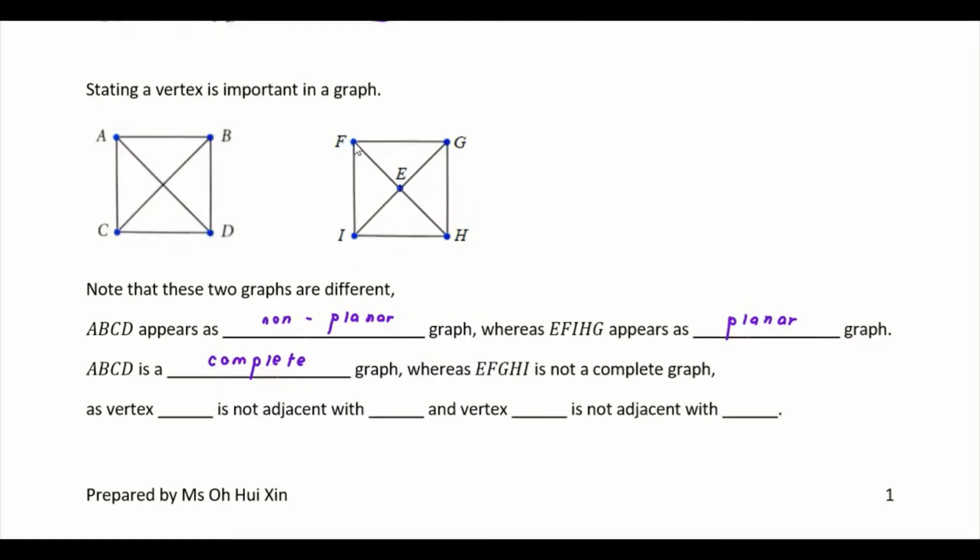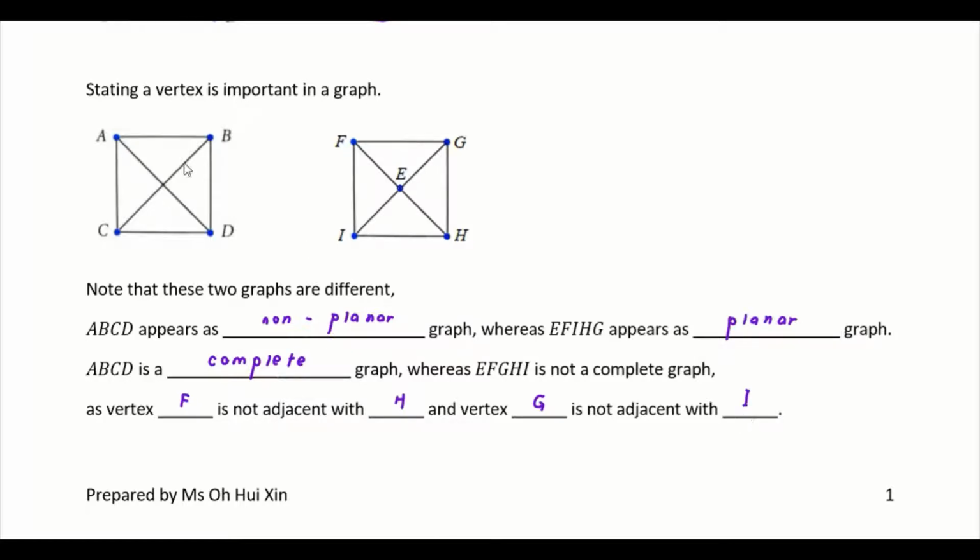Because you can see that vertex F is not adjacent to vertex H. Now, when you want to reach H from F, you must pass through E. So you cannot directly connect to H using only one edge, which means F and H are no longer adjacent to each other. The same thing goes for G and I, because G and I are not directly connected anymore as well. So it's important for you to understand that whether or not you have a vertex in the middle means a different thing.